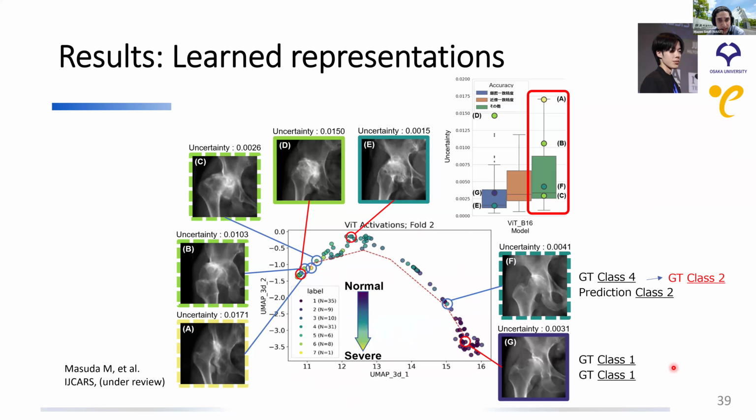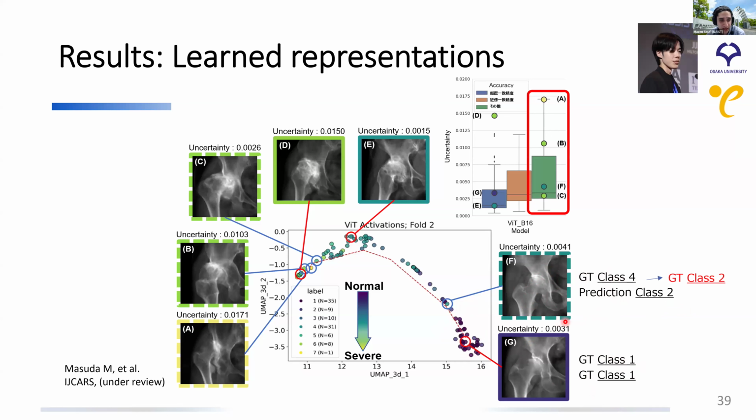For example, if you look at some of the images, for example, this dark one, you will see that the ground truth class was 1 and the predicted class was 1. However, for an image that has higher severity, for example, take this one, the model has shown a prediction of severity class 2, but the ground truth was actually class number 4.